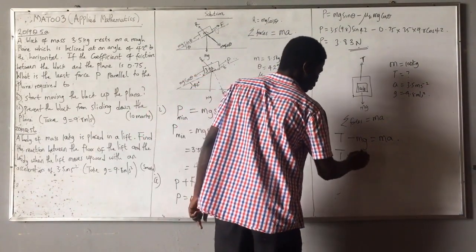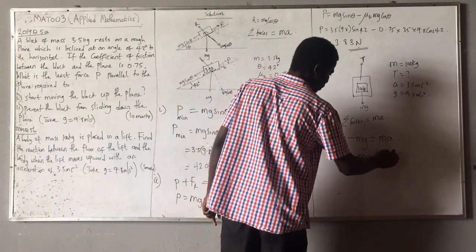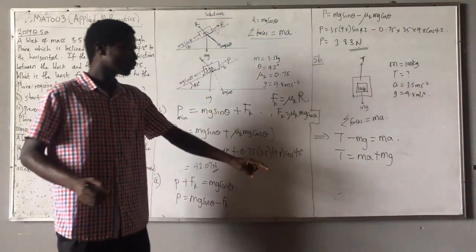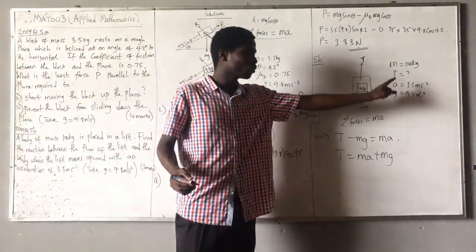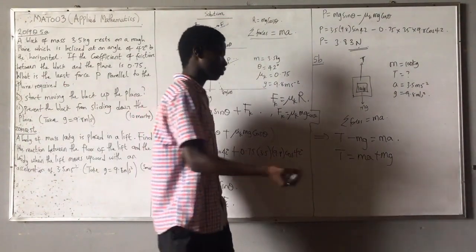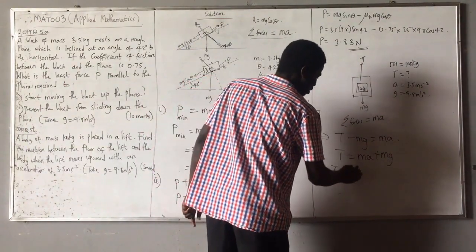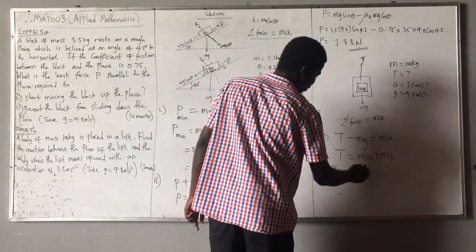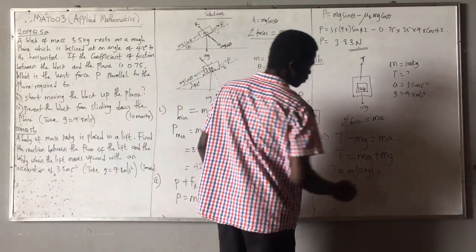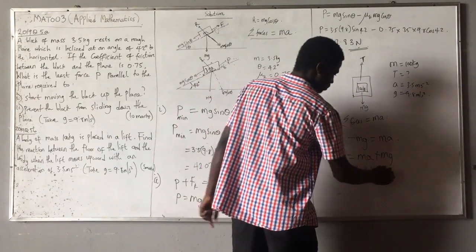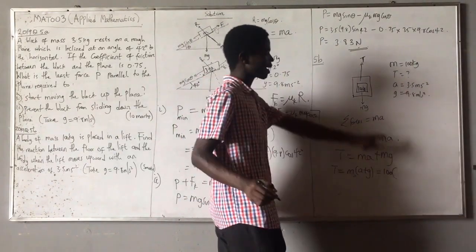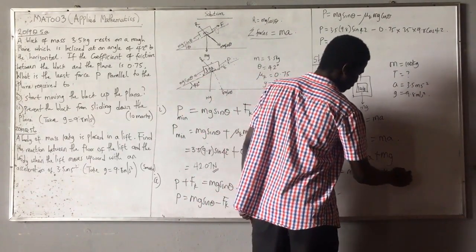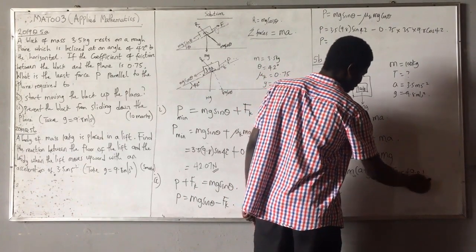So T will be equal to MA plus mg. You bring mg to the other side. You know A already, you know M already, you know G. Put it there. Or you can even factorize and say T equals M open bracket A plus G. What is M? M is 100. Open bracket A, A is 3.5 plus 9.8.